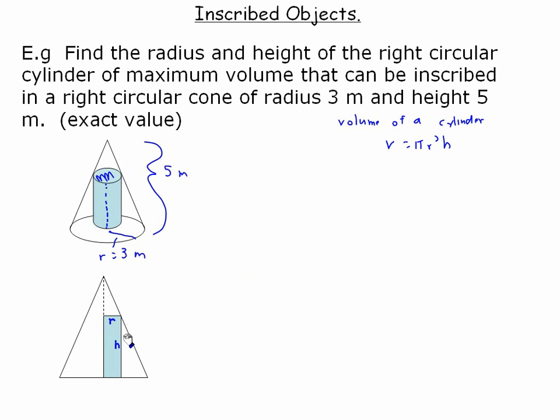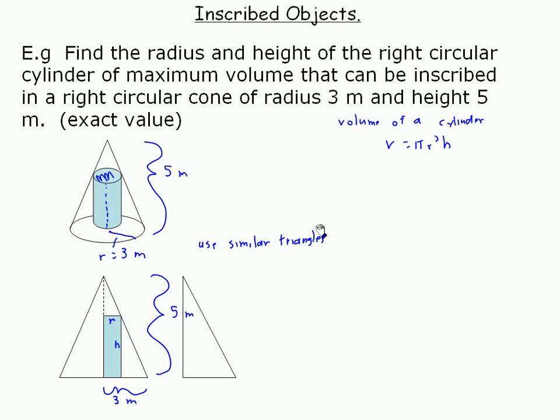And still having the same overall dimensions of this being 5 meters high, and then this being 3 meters. And if you use similar triangles, you can get a pretty good ratio set up. So this is not the sort of thing that would occur to most people when they first look at something like this, but it does work pretty well, because within this you've got actually two triangles. Now this would be the big one, and then this would be the small one.